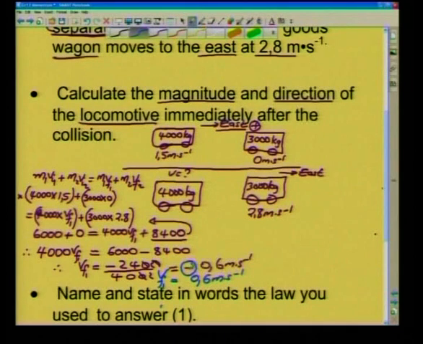If it is negative, remember we took east to be positive, so if it is negative, it means it is to the west.